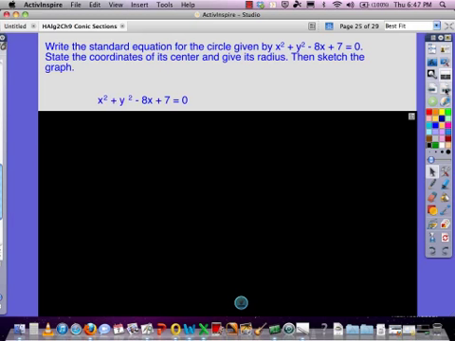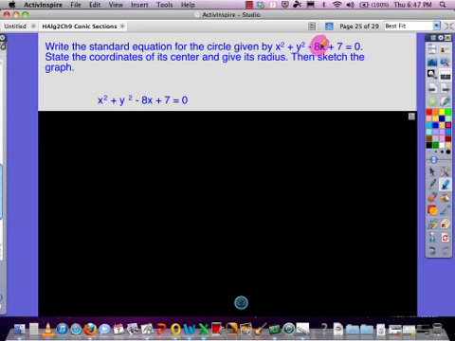So right now we've got x squared plus y squared with no other coefficients in front of them. But we do have that extra term. And the bad guy really right now is looking like that negative 8x, an extra term. So thinking about what we've done in the past, completing the square, etc., it says state the coordinates of its center and give its radius.